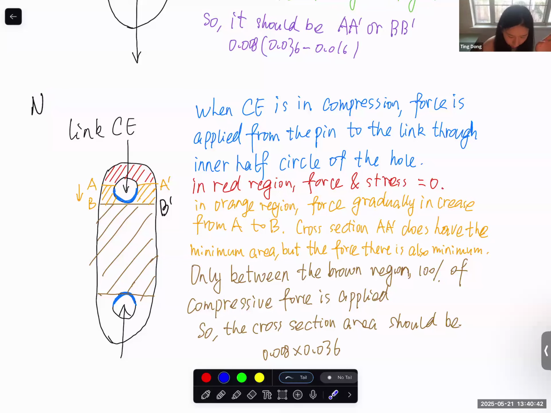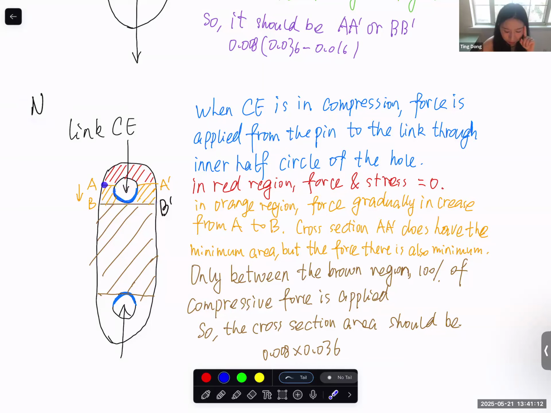And this N is not really 100% applied at this cross section. It's not, because this is the starting point of the contacting area. It gradually increases, and at the bottom point of this fastener hole it is 100% normal force. Right?